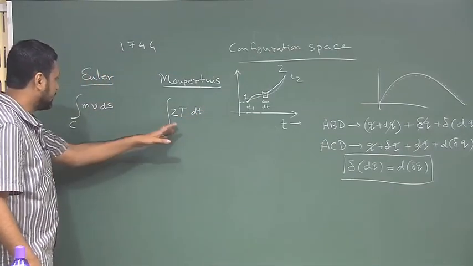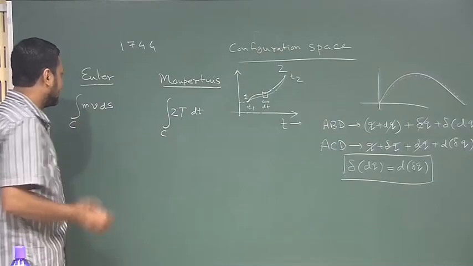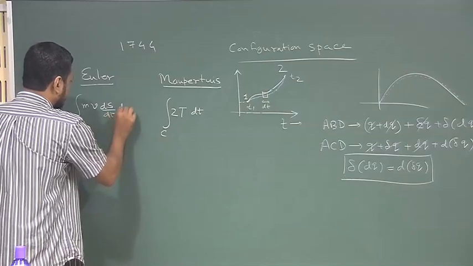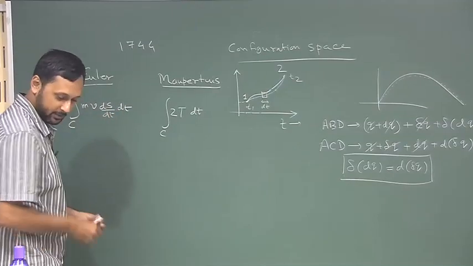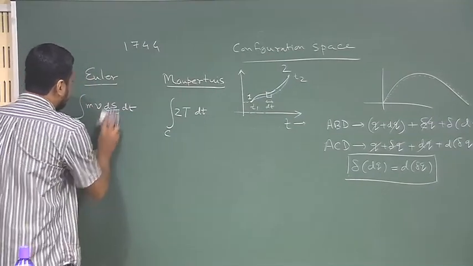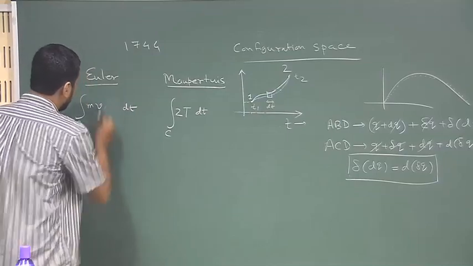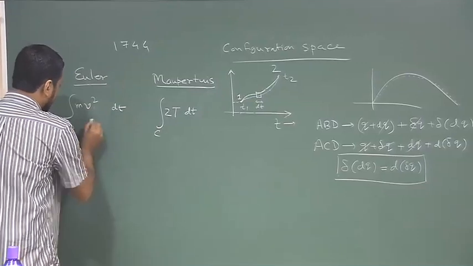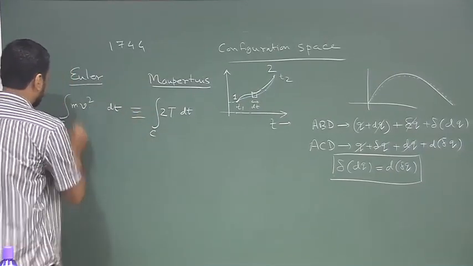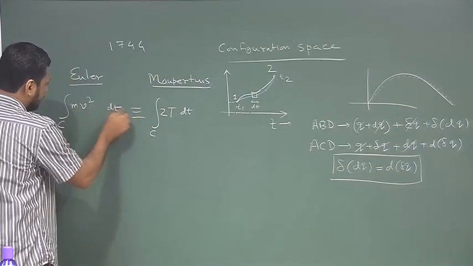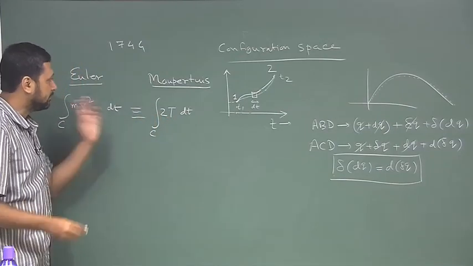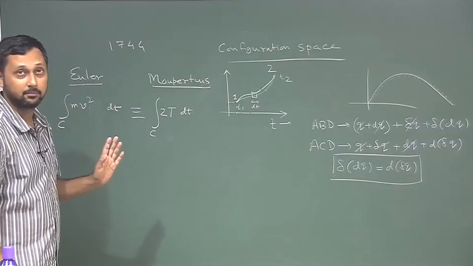So, they came up with these two suggestions, but if I slightly manipulate it, if I put ds by dt, this is nothing but v, so this will be v squared, and m v squared is nothing but 2T, where T is the kinetic energy. So, these are actually equivalent. They came up at the same time with the same principle.